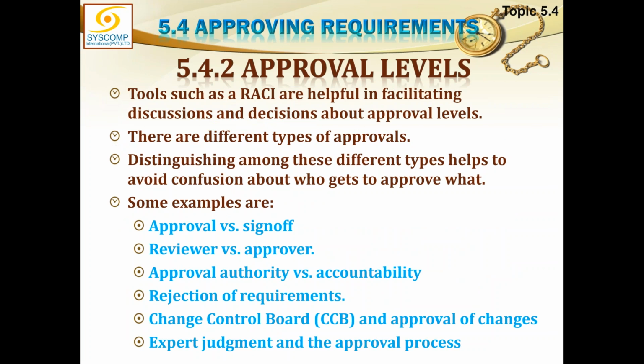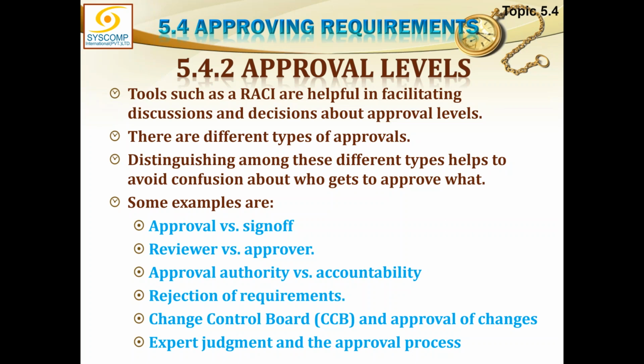Tools such as RASI. You remember what RASI means? R stands for responsible, A is accountable, C is consult, and I is informed. So we use it when we assign roles. Tools such as RASI are helpful in facilitating discussions and decisions about approval levels. There are different types of approvals.